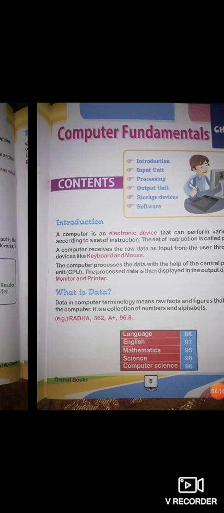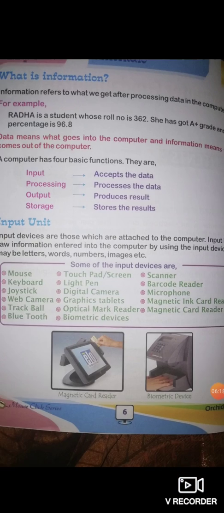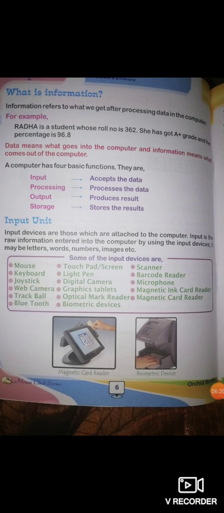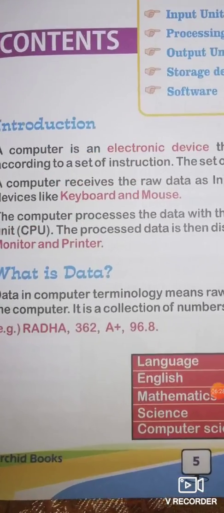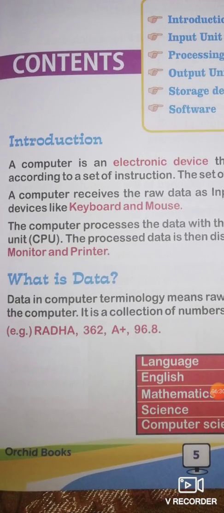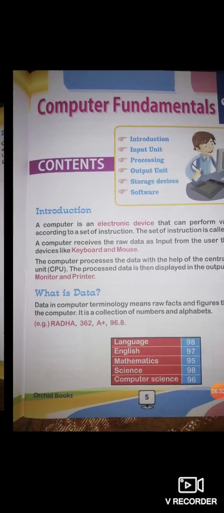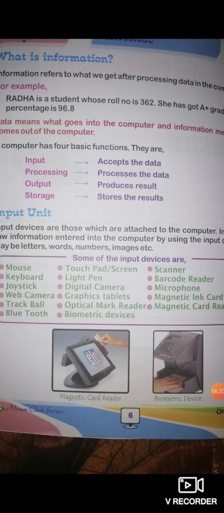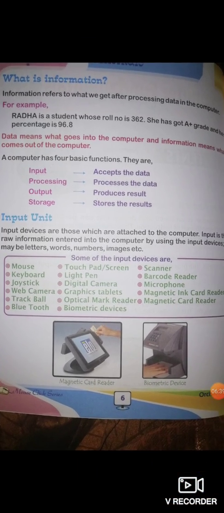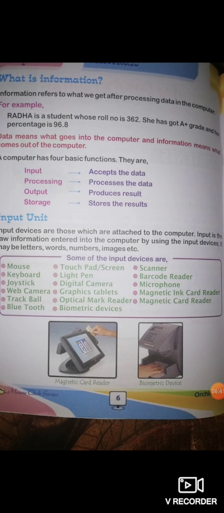Okay, and then information. Information means, you can see here in the example, Radha is a student whose roll number is 362. Here it is not given clearly, just Radha, 362. So actually this 362 is the roll number of Radha, and she got an A plus grade and her percentage is 96.8.